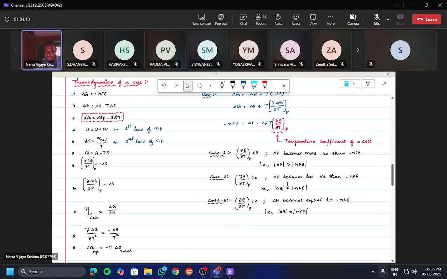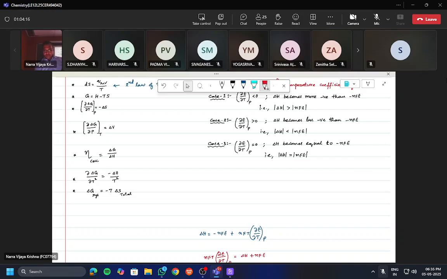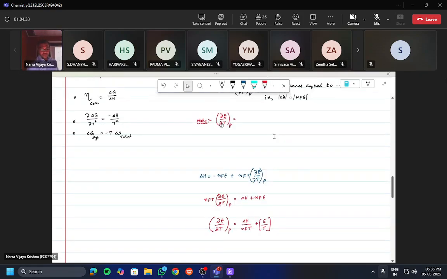So I am writing that equation. ∂E/∂T at constant P can be written as delta H upon nF into 1 by T, plus E upon T. Is it in the format of y equals mx plus c?